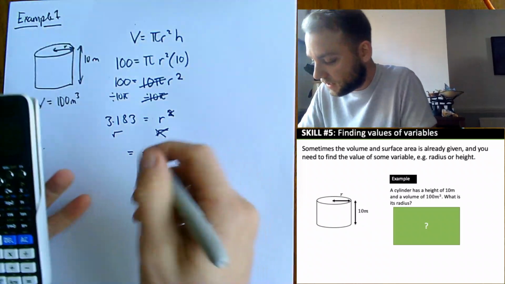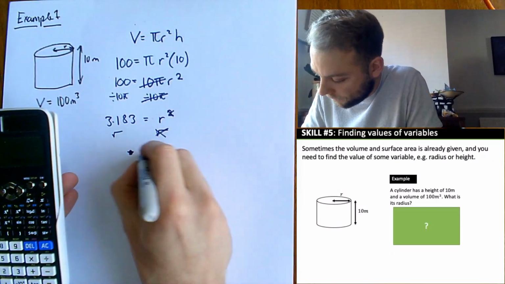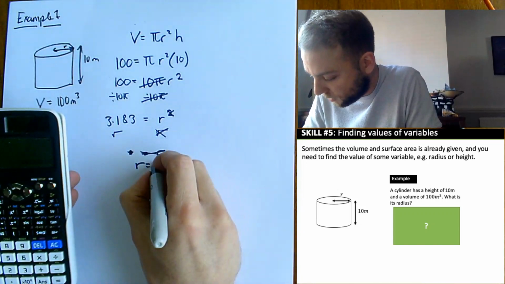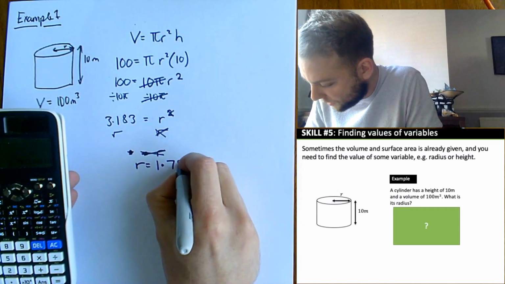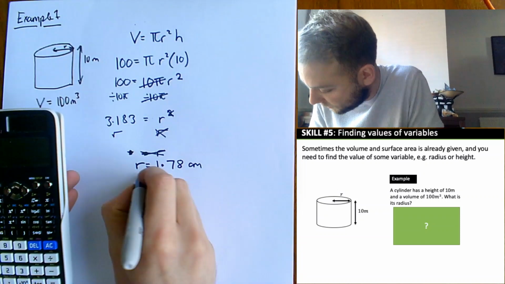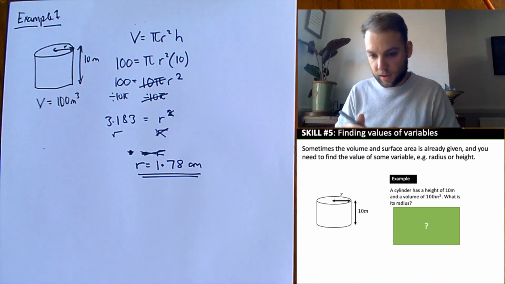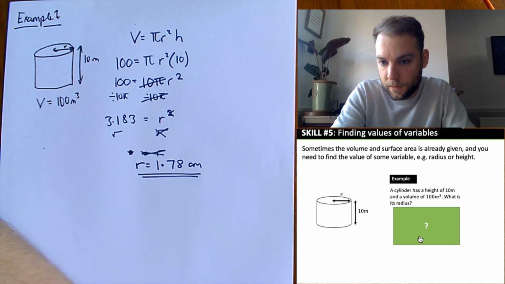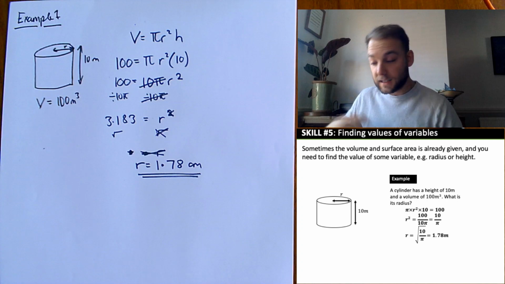In this case, r is equal to, I'm going to do it to 2 decimal places now, just to keep it neat, 1.78 centimetres. You can check that by going forward again, just to make sure we know that's right. 1.78, brilliant. Okay, so that's the first example.